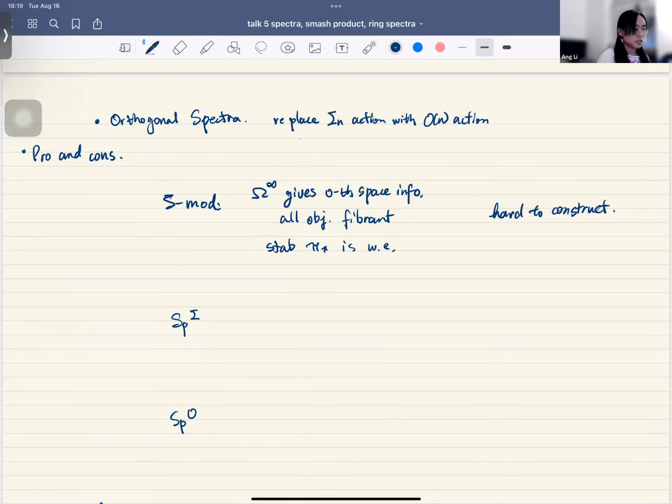Okay, so for the symmetric spectra, there's a convenient model structure to put on commutative rings. And it is easier to generalize to simplicial sets, because we know spaces are almost simplicial sets. So if you want to do things with simplicial sets instead of spaces, then this definition makes a lot more sense.